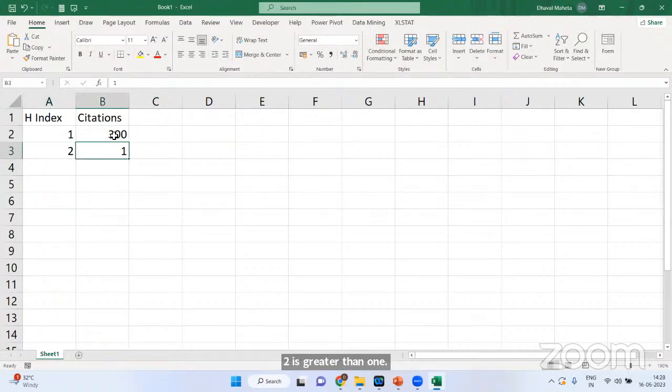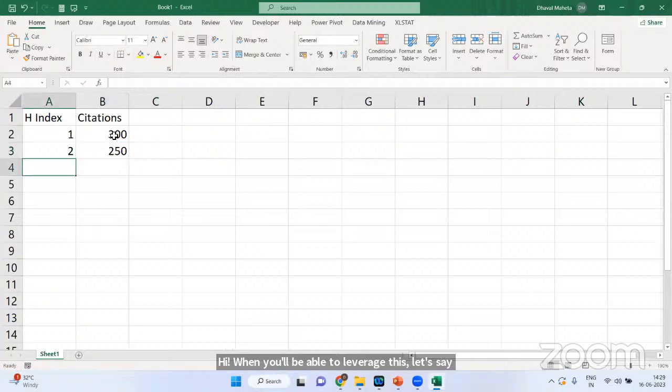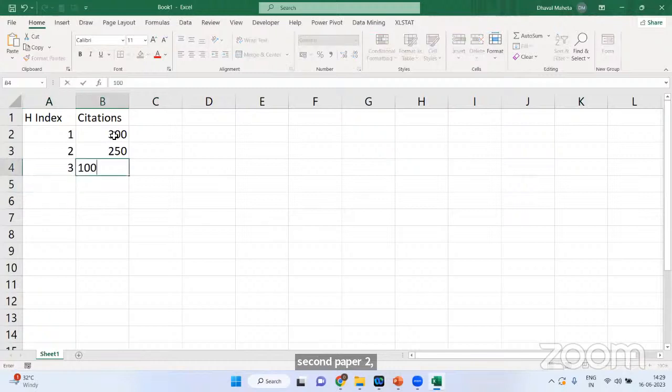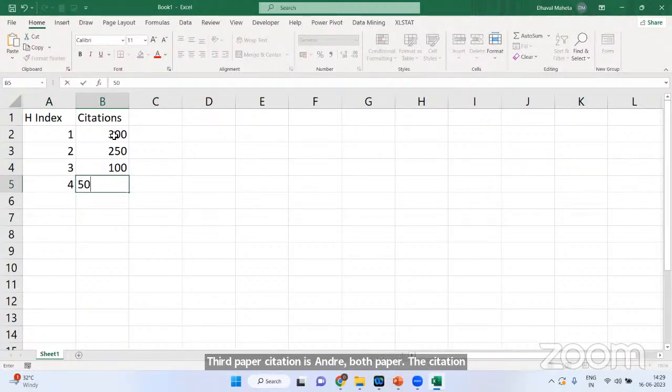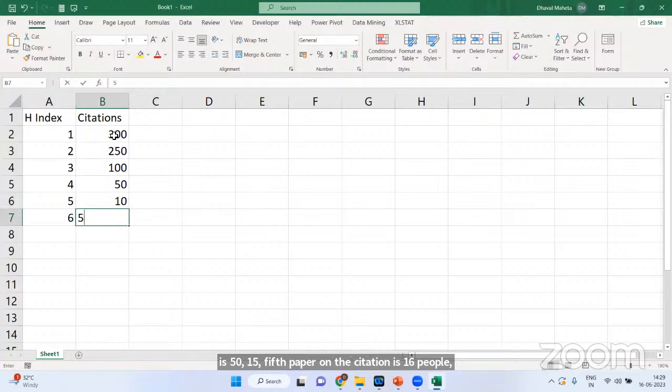Then also your H index is 1 only, right? Let's say the second paper has 250, the third paper's citation is 100, the fourth paper's citation is 50, the fifth paper's citation is 10, the sixth paper's citation is 5.